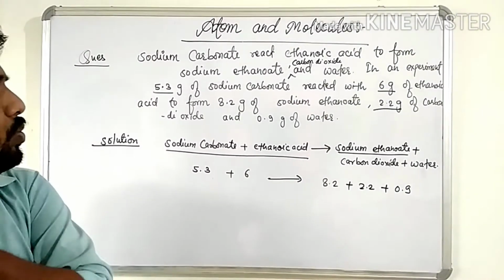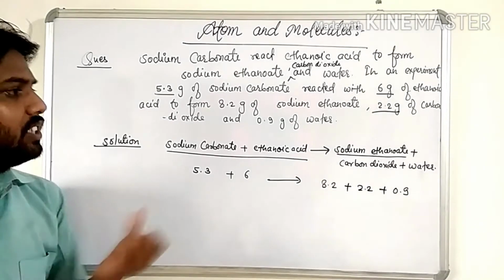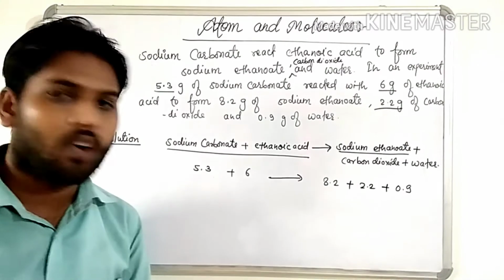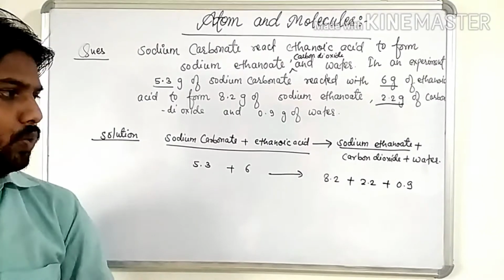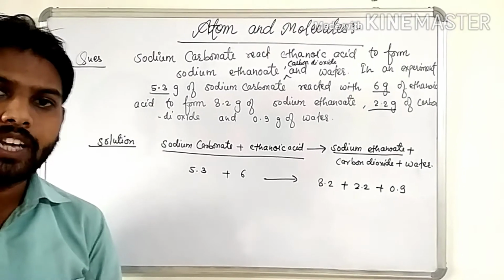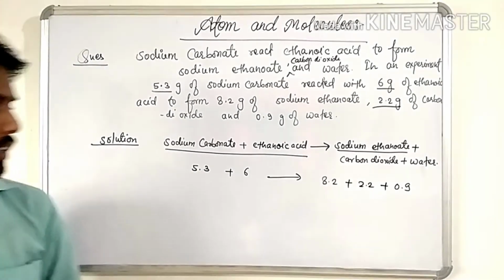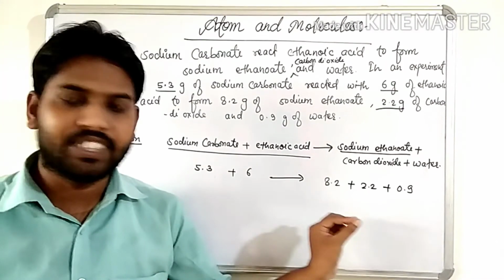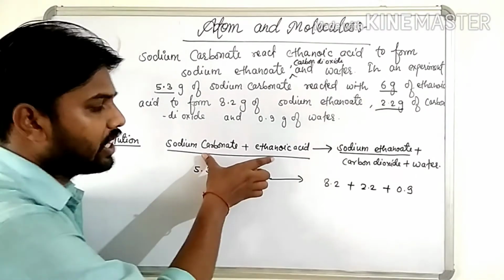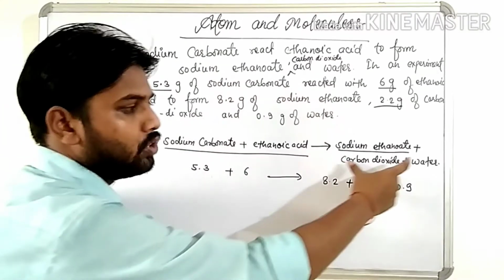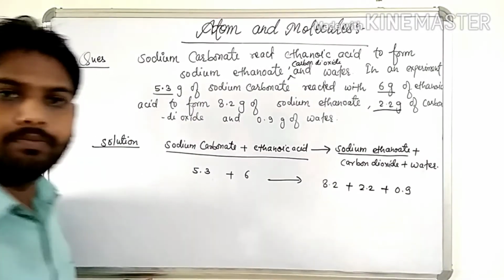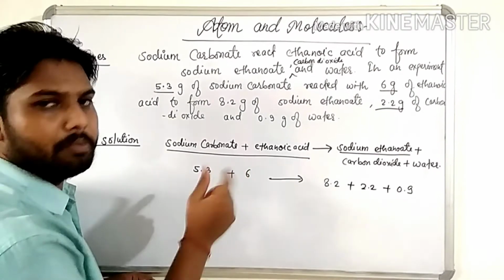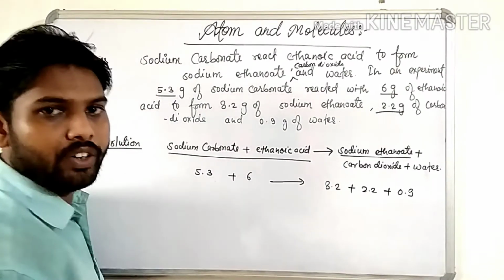Now we have to verify that this equation follows the law of conservation of mass. Earlier, children, I explained that the law of conservation of mass states that the total mass of reactants must be equal to the total mass of products. It means there will be no change in mass during a chemical reaction.